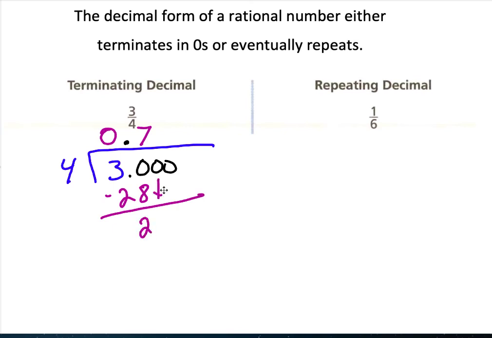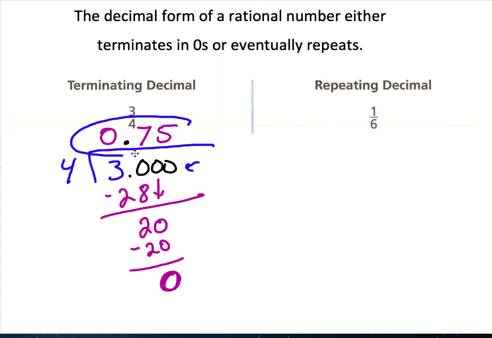Subtract, I get a 2, and I bring down my 0. 4 goes into 20 5 times, which is 20. I get 0 left over, and all I have up here are zeros. I don't have to bring down the zeros. They're just there if I need to keep dividing.